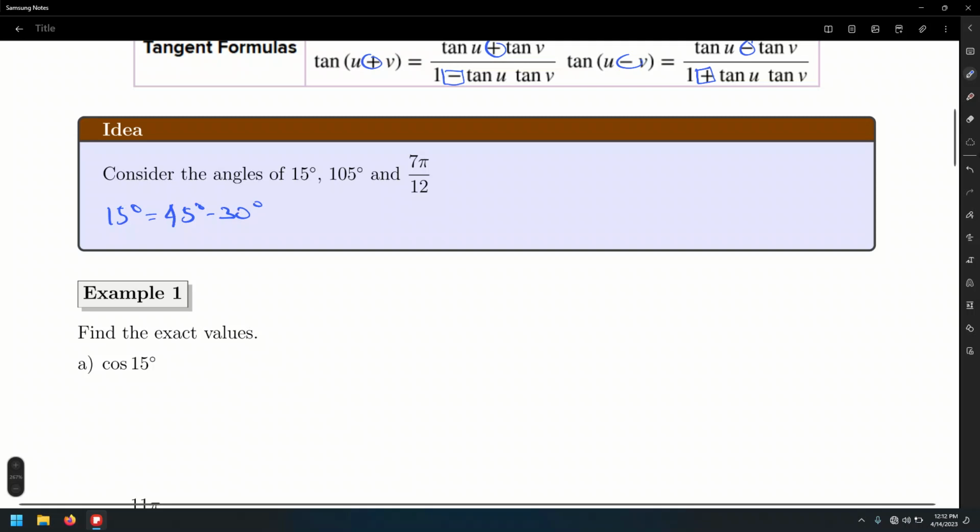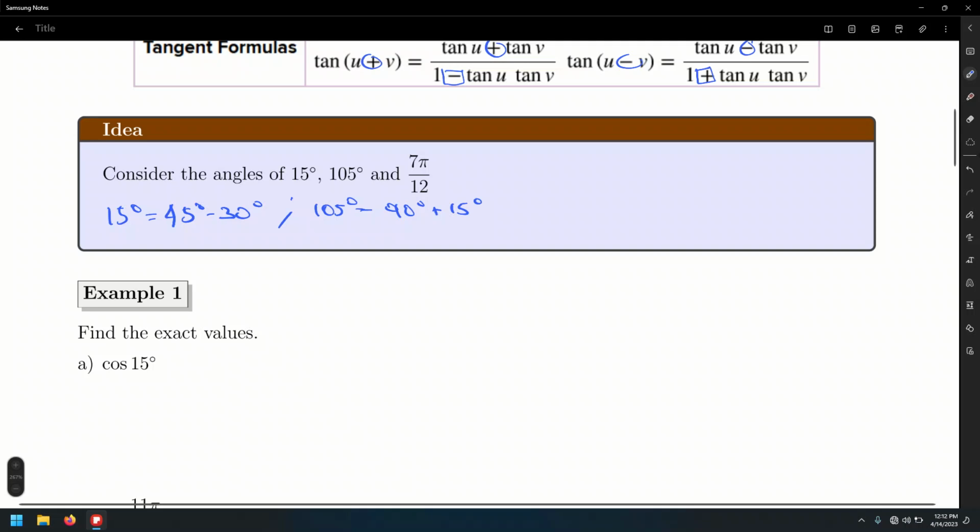And what about 105 degrees? That's, for example, 90 degrees plus 15 degrees. However, only the 90-degree angle is a special angle.